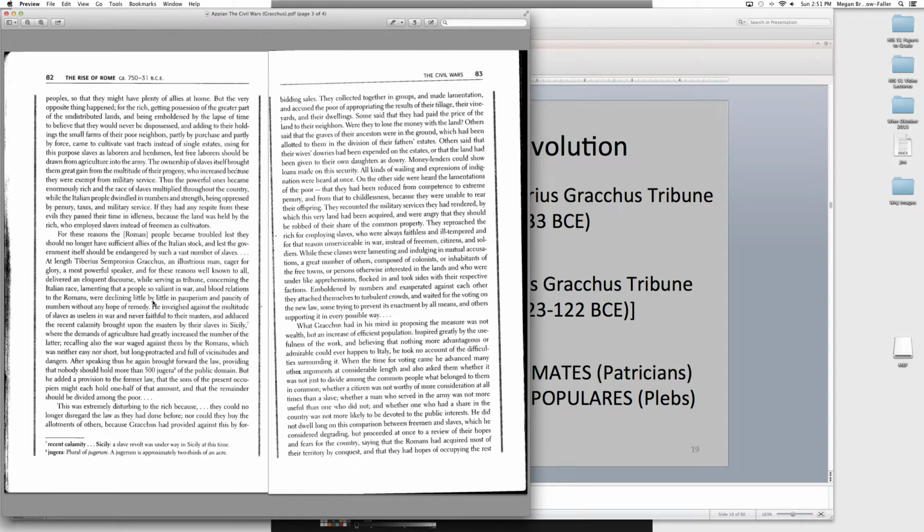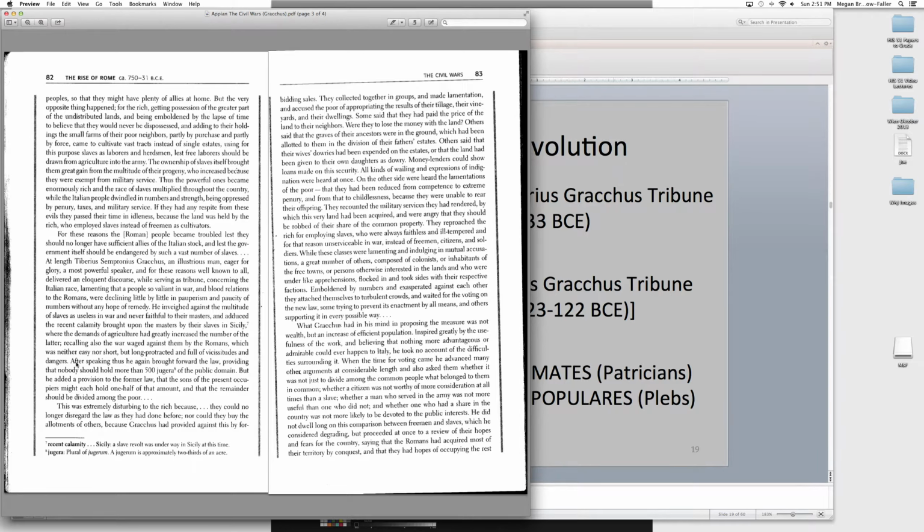If you have an unlimited repository of free slave labor, there's no incentive to develop labor-saving devices. And we think that this is a major reason why Rome declined. It tended to not place a premium on technological development, instead became mired by this system of slave labor. But in any case, Gracchus is saying it's much better to have free labor, men who will serve in the army.